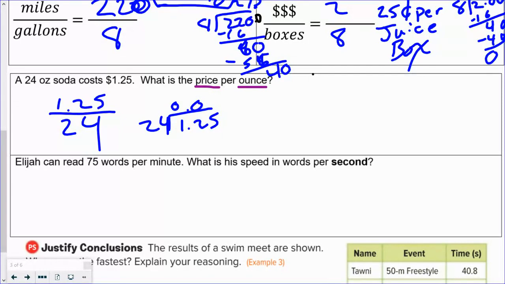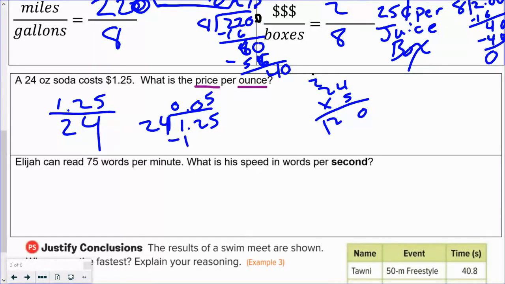If I had 25 cents, how many quarters would it take to make $1.25? That would be 5. So we're going to see what is 24 times 5. I get 2, 10, 11, 12, 120.